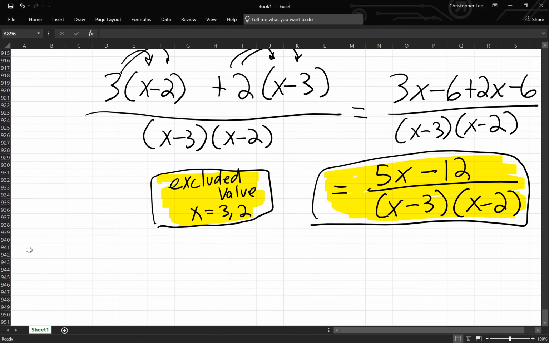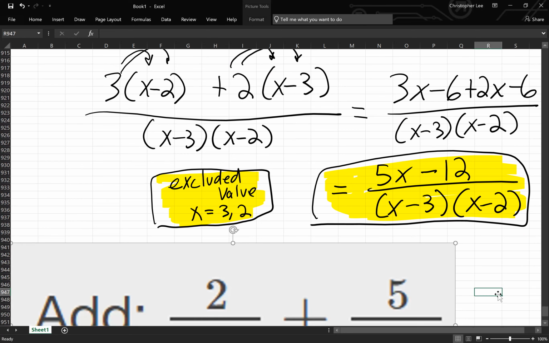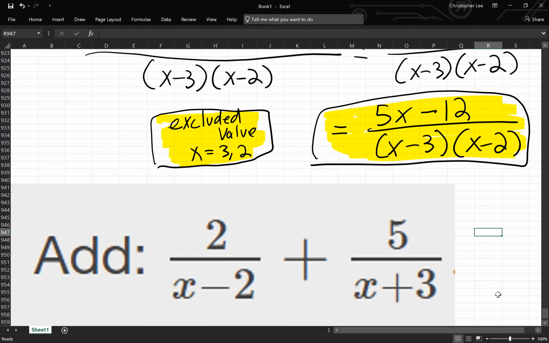I'll make it a little bit harder. Y'all got a plus and a minus. Go ahead. So basically just add these. Find the LCD, get the same denominator, bop, bop.